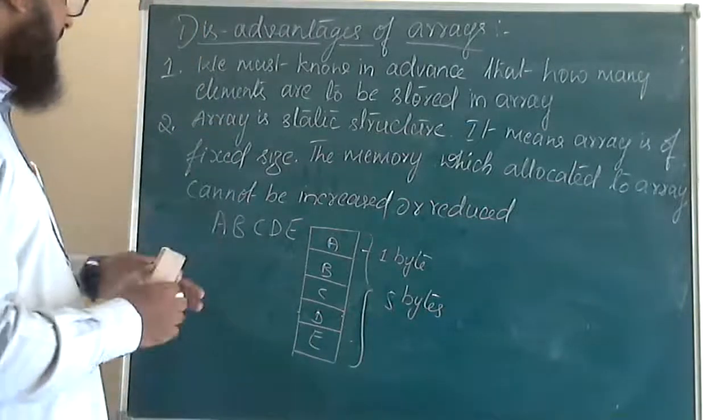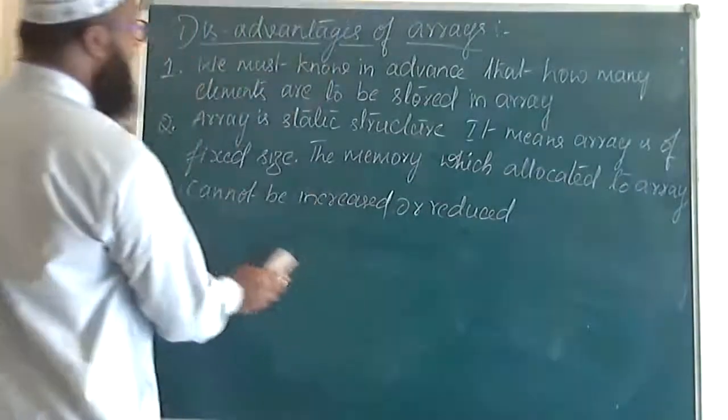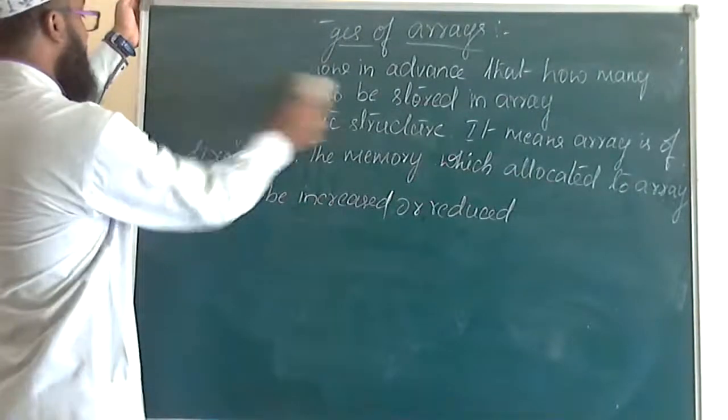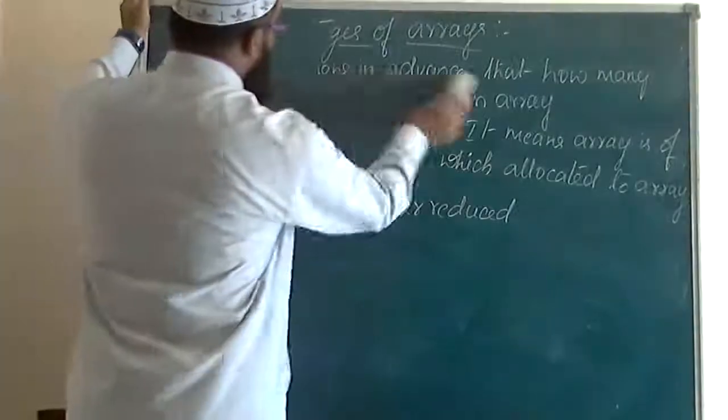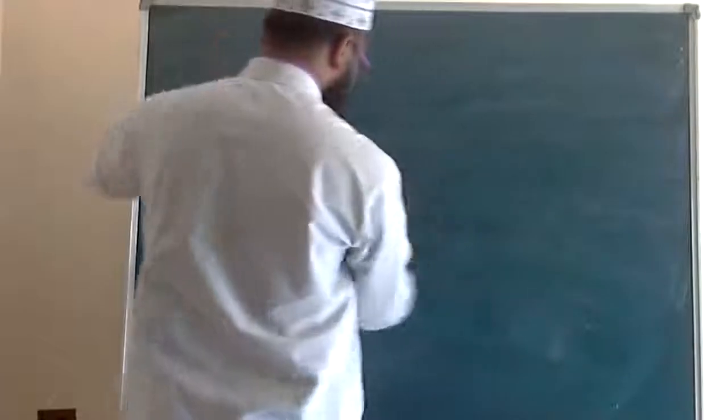This is the second disadvantage of an array. Next, come to the third disadvantage.